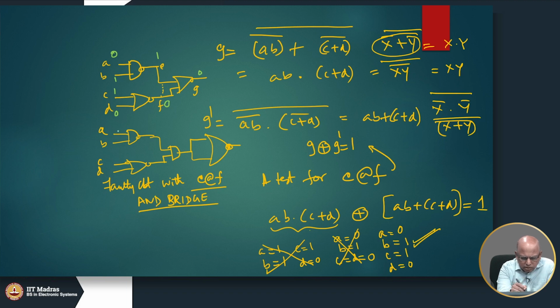Now, the faulty circuit with the same 0 1 1 0 will produce a 0 here and a 1 here. So you can see that this particular 0 1 1 0 is a test vector for E bridge with F.